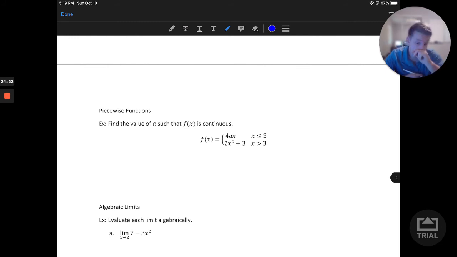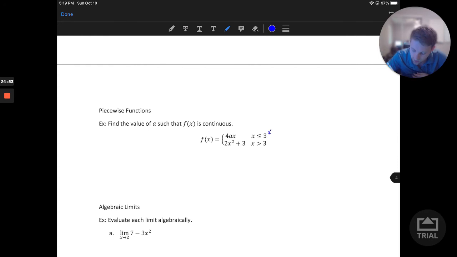So if we would like to be continuous at this point of 3, this is the only point that we would have issue with, where we actually split our function. I'm going to consider the limit and the functional value, and I'd like to have those be the same thing. If we have the limit existing and the functional value at 3 existing, and they're the same thing, we then can know that we're continuous.